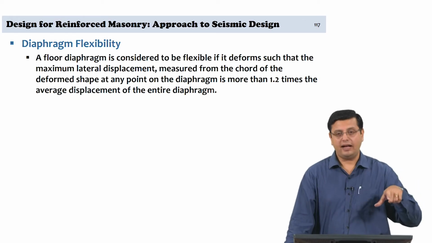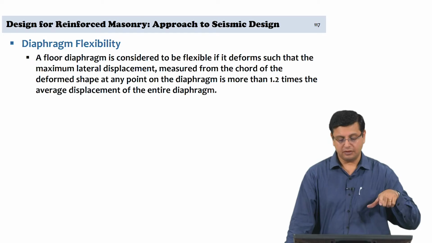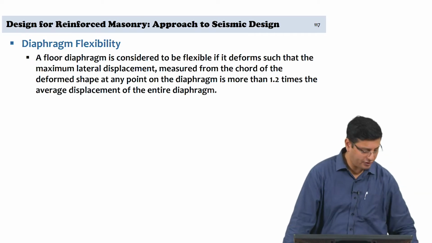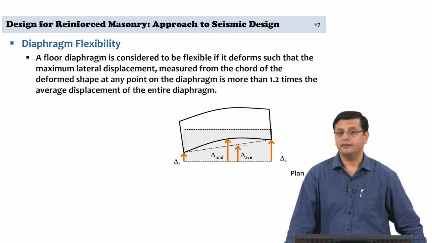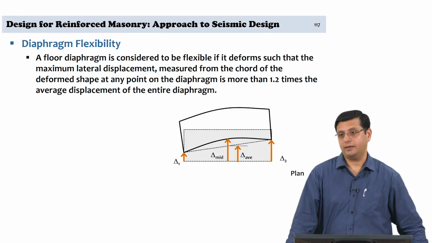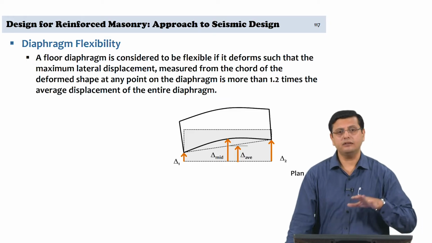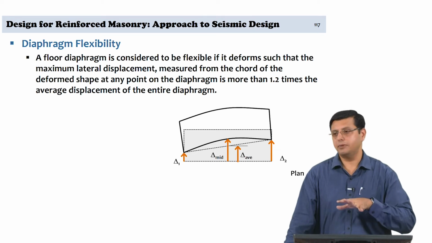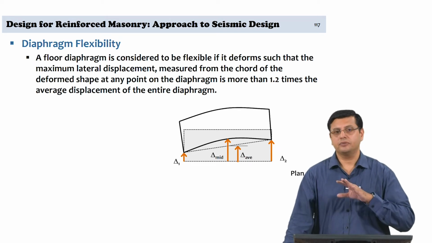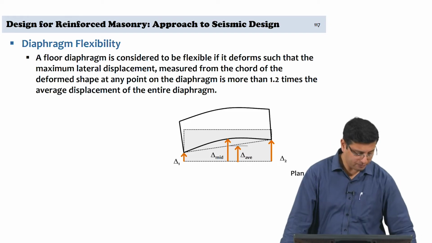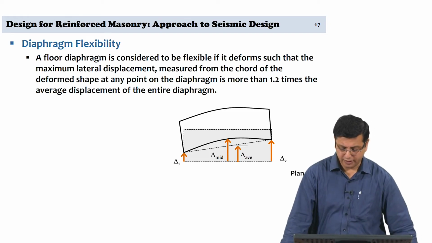That average displacement multiplied by 1.2, if displacement at any point on the diaphragm is more than this value, then you do not have rigid diaphragm action. Okay. Now, different codes give more or less similar approaches to estimate whether the diaphragm is stiff or not. This is what is adopted in the IS code.